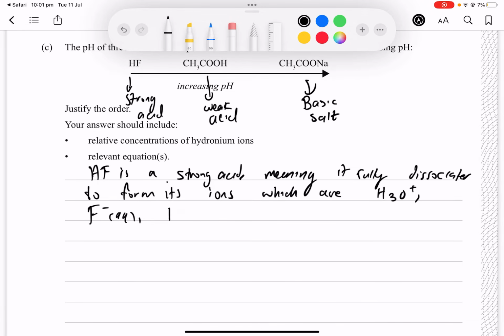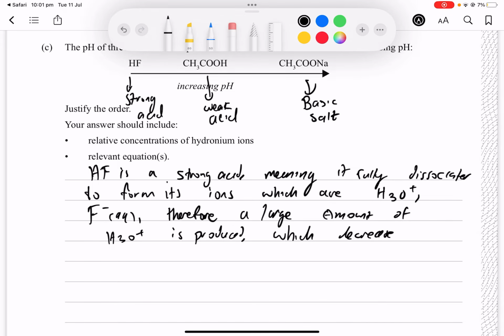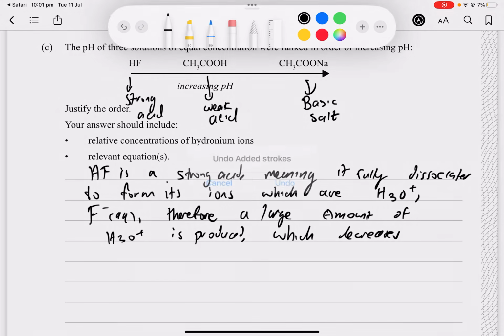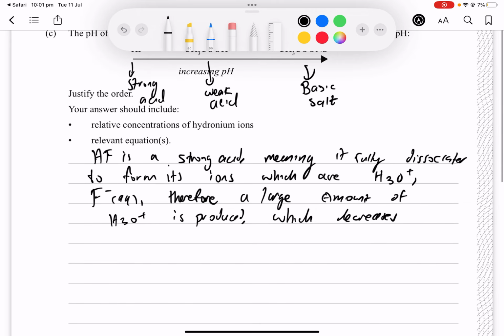Therefore, a large amount of hydronium is produced, and that's going to decrease the pH. A larger amount of H3O+ is going to decrease the pH.